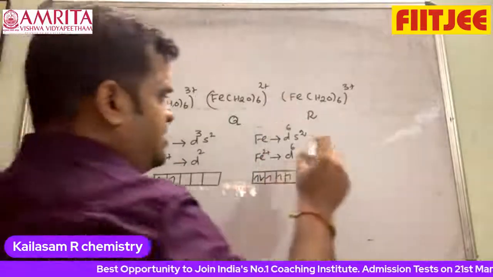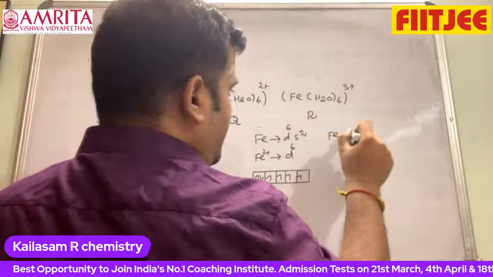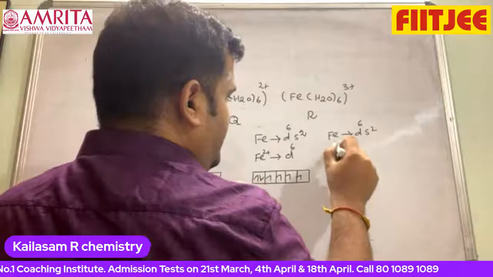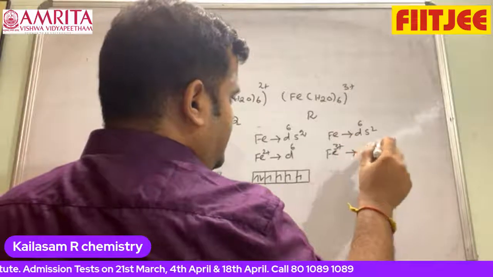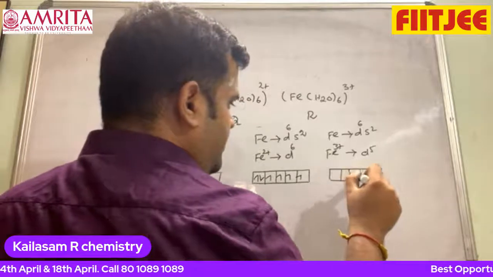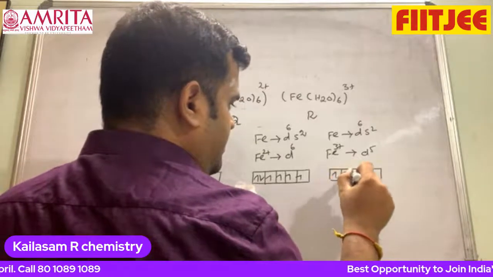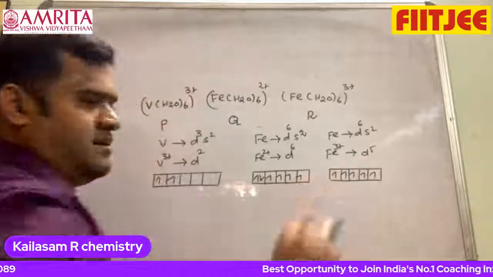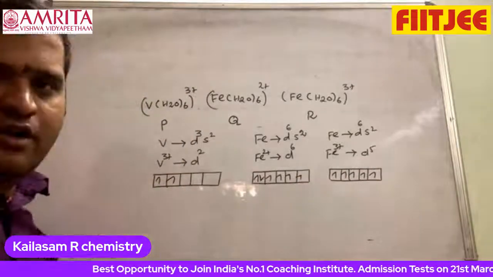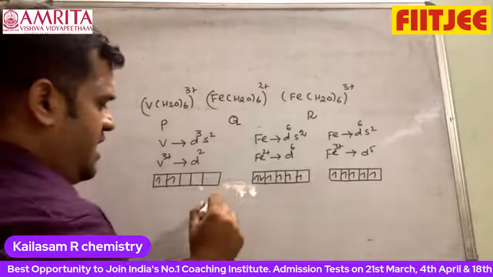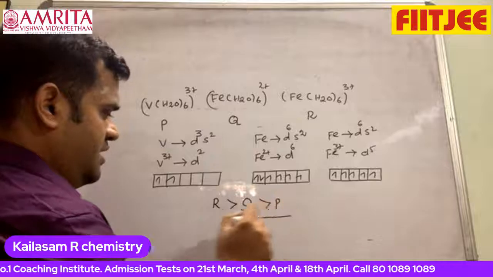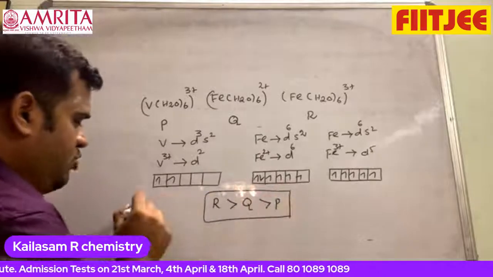Now come to the last one, Fe3+ is d5. Please understand. So 2 unpaired electrons, 4 unpaired electrons, 5 unpaired electrons. See, the highest magnetic moment I can say is R, then Q, then P. This is the order of magnetic moment.